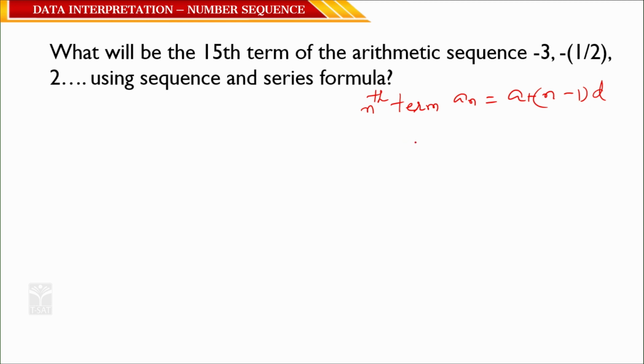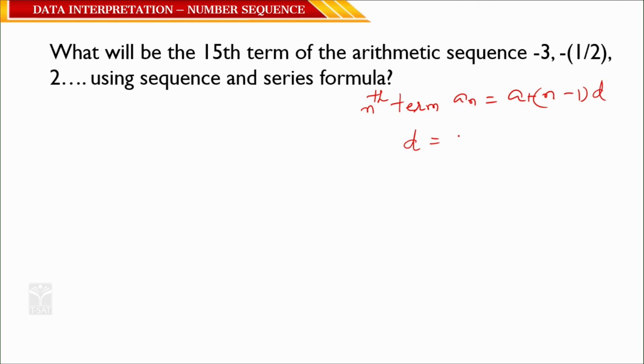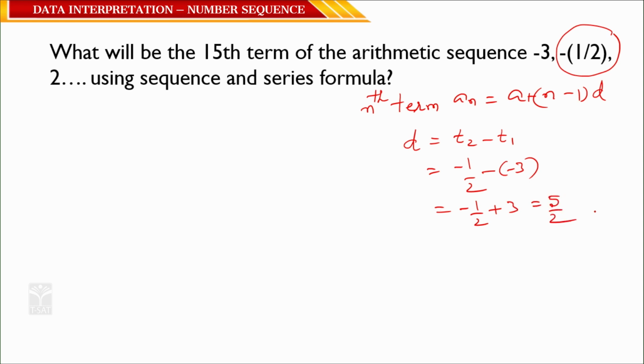You can find d as the difference of two successive terms, T2 minus T1. T2 here is minus 1 by 2, and the first term is minus 3. So minus 1 by 2 plus 3, which is (6 minus 1) by 2. So, 5 by 2 is the common difference.